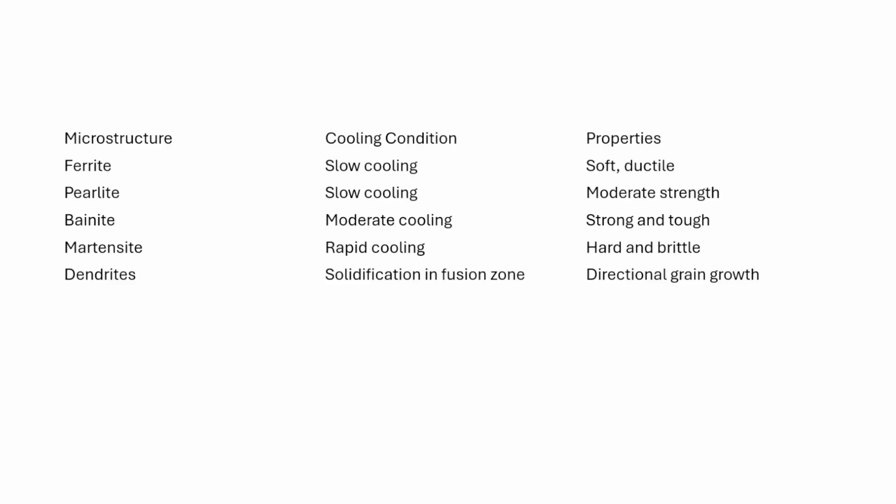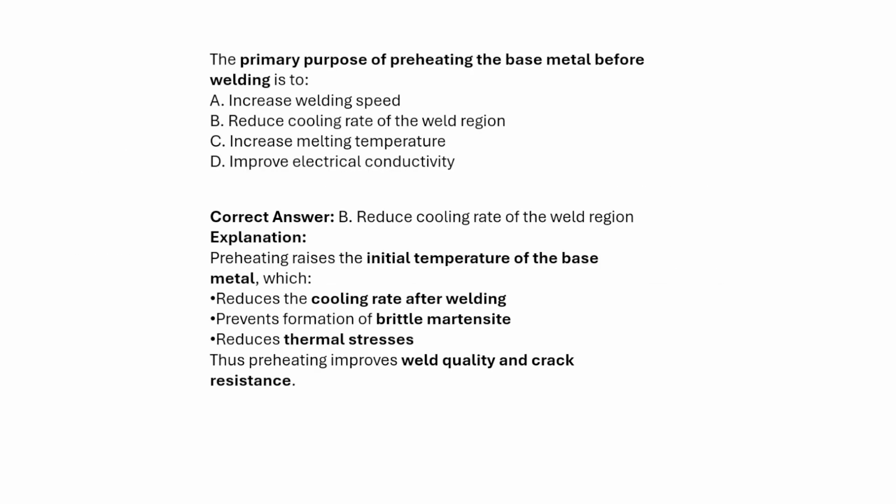In the case of moderate cooling, we will see the formation of the bainitic phase. It is strong and tough, with very high toughness. Next, the martensitic phase is due to very rapid cooling. It is a hard and brittle phase. We don't want that to happen; we want to avoid that. Next, dendritic solidification in the fusion zone is directional grain growth.